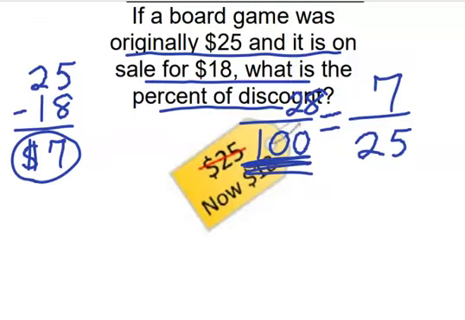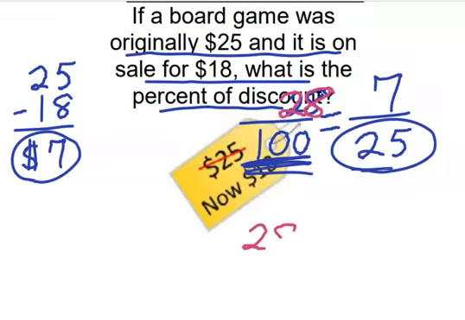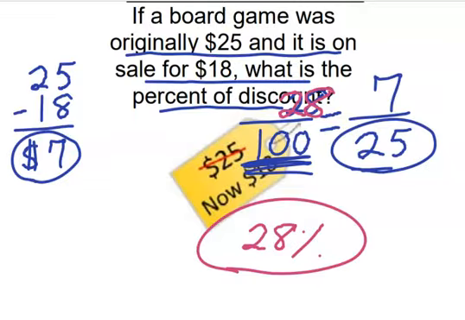Because percent means per 100. So as long as we can get the denominator to be 100, then that would be the answer. So this would be 28 up here. So it's 28 out of 100, or 28 out of 100 is simply 28%. So that was a pretty significant discount. To get $7 off of the $25, that would be a 28% discount.